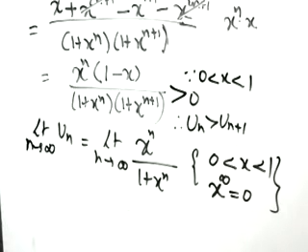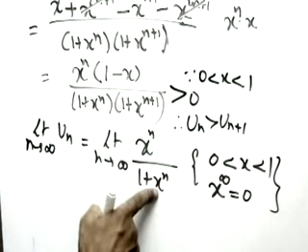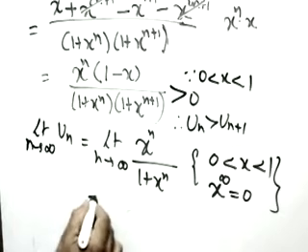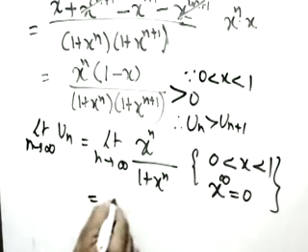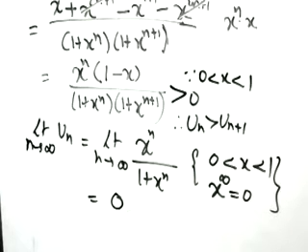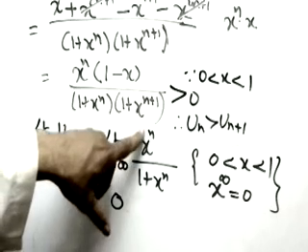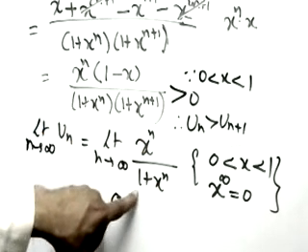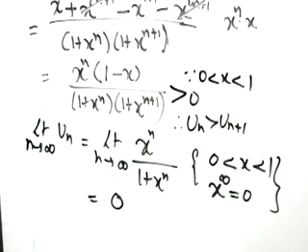If x is between 0 and 1 in decimals, then if we apply the power, you will get 0. So x power infinity will be 0, 0 plus 1 will be 1, so you will get the value as 0. Just remember this, x power infinity is 0 when x lies between 0 and 1. So 0 by 1 is 0. Therefore both conditions are satisfied, therefore the series is convergent by the Leibniz test.